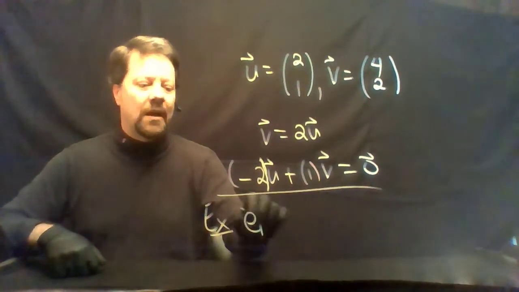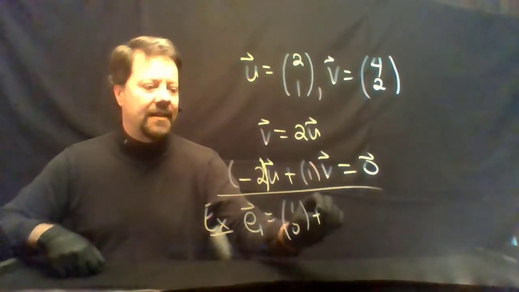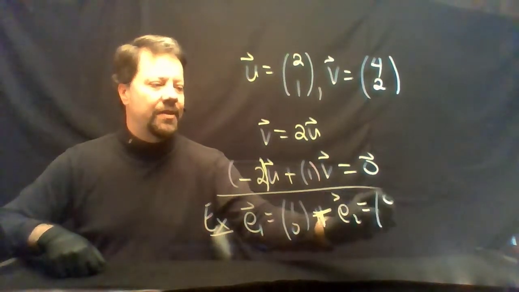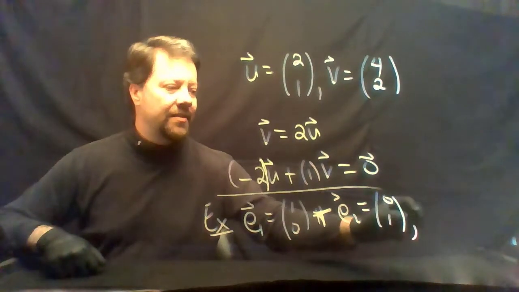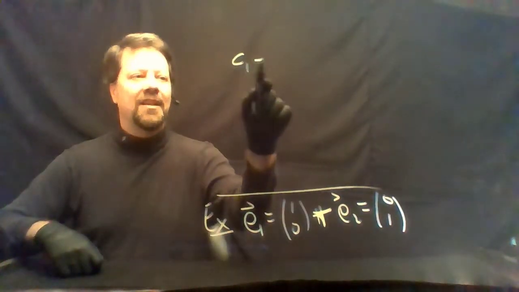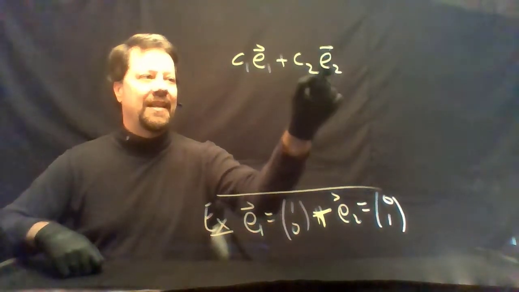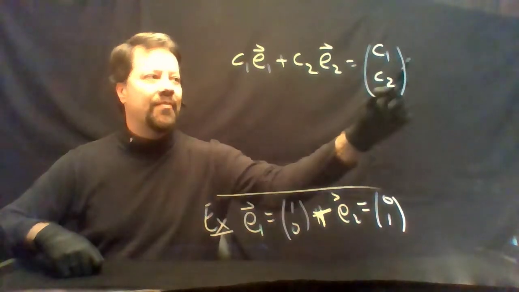Let's look at e1, which is (1, 0), and let's also look at e2, which is (0, 1). Arbitrary linear combinations, c1 e1 plus c2 e2, add up to (c1, c2).